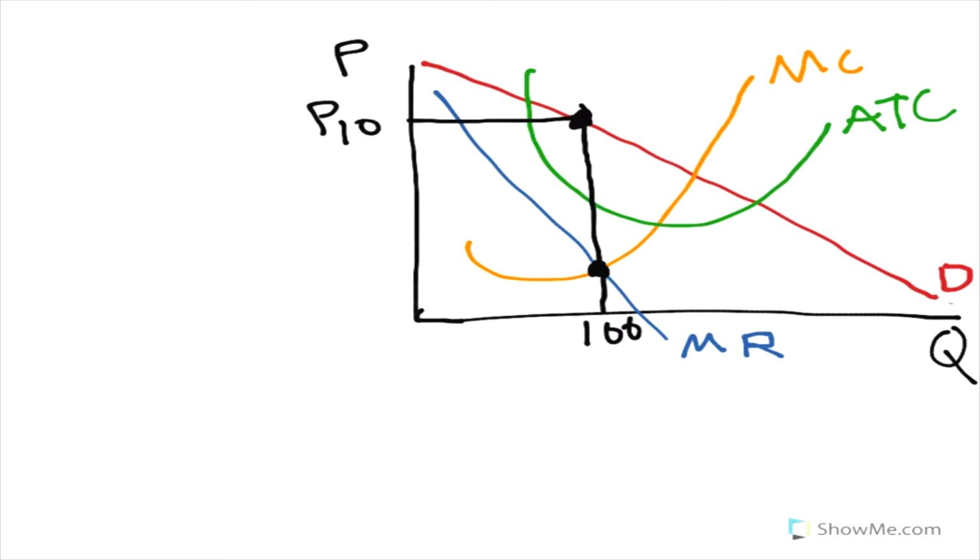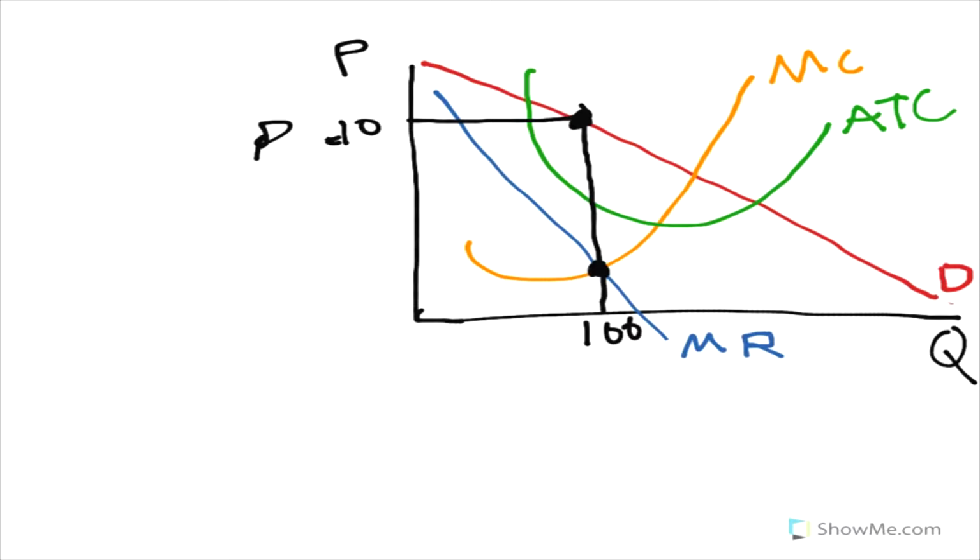Again, a random number that I generated, and it does not actually reflect what could possibly be on homework assignments or tests or anything. So please, this is just for this example. P equals 10. So we're selling at $10, and we're producing, I should say, 100 units.